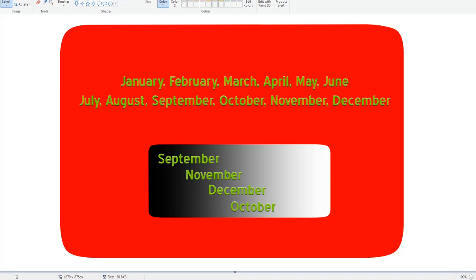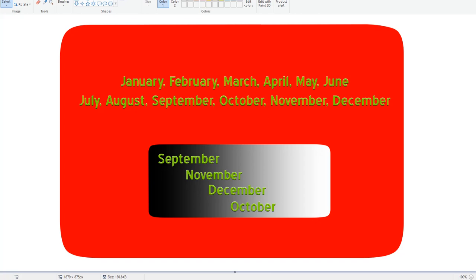Notice what I did: I looked at the 12 months of the year, and then I picked out 4 months that end in ER, or you can say they end in BER. Those 4 months I formed a set with, and that set is a subset of the universal set.